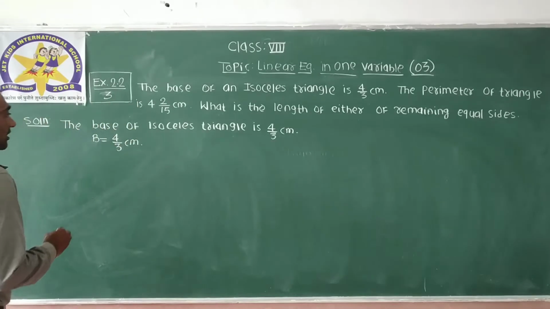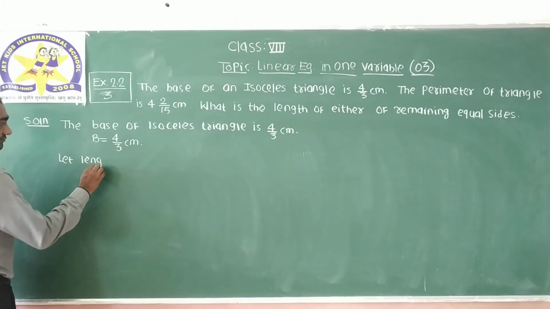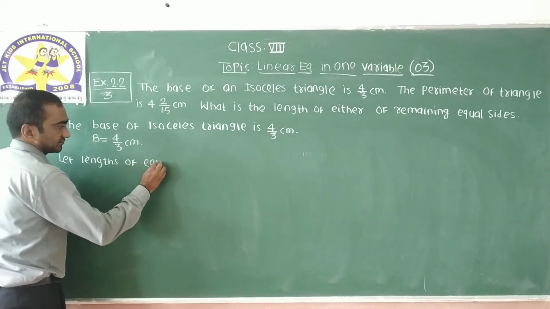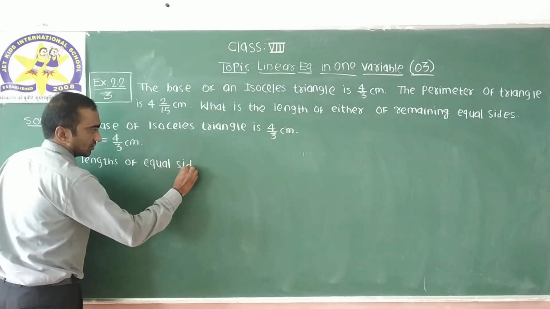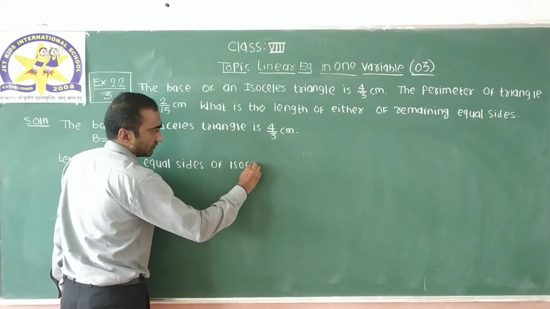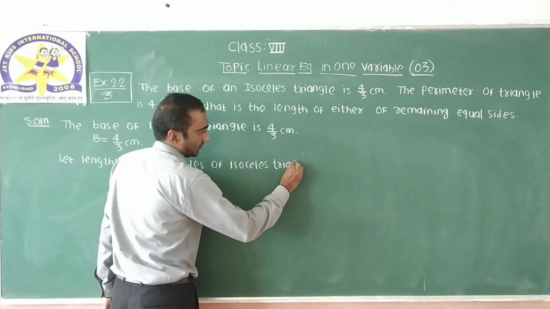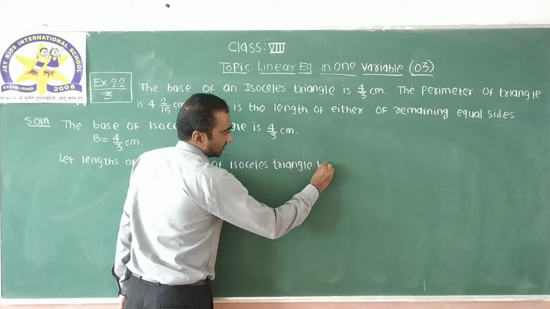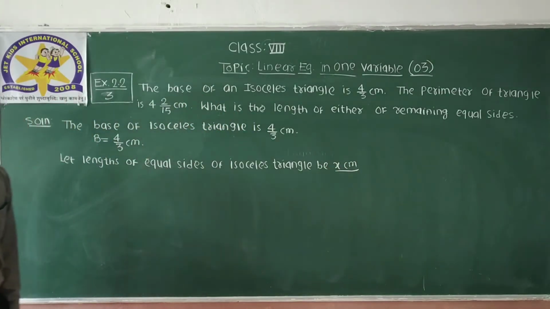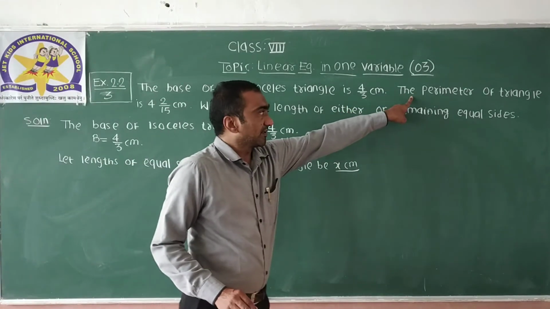We consider the length of the equal sides of the isosceles triangle as x centimeter. We consider their length is equals to x centimeter. Now what is given? Perimeter is given.